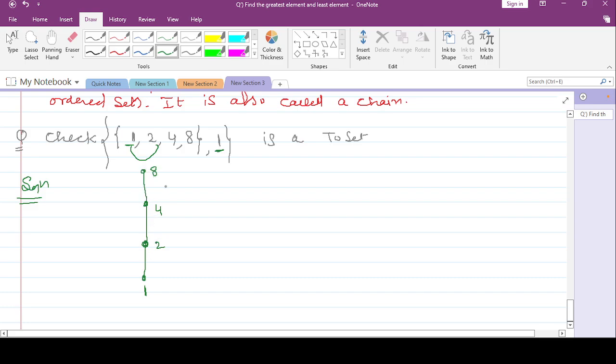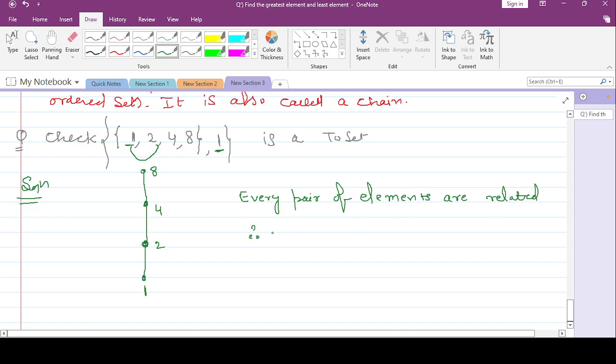So it means that if you take any pair of elements, then there exists a relationship between them. For example, if I select 2 and 8, then clearly 2 divides 8. If I take 4 and 8, then clearly 4 divides 8. If I take 1 and 8, then clearly 1 divides 8. So take any pair of elements, they are related. So every pair of elements is related.